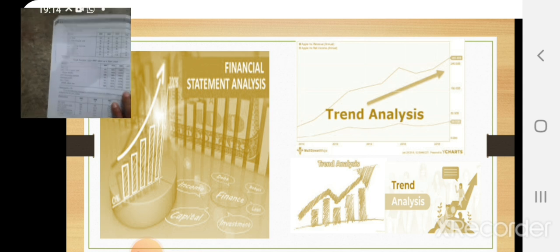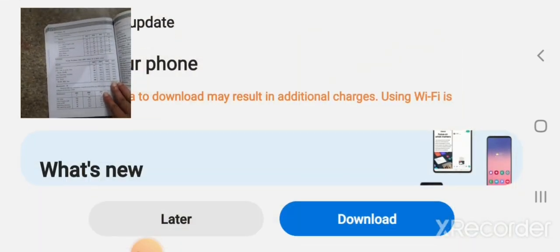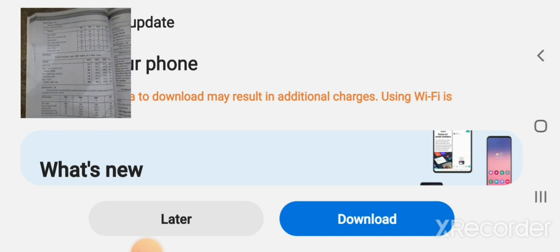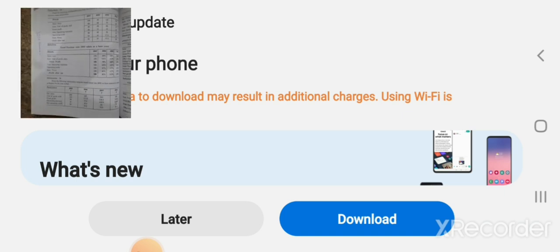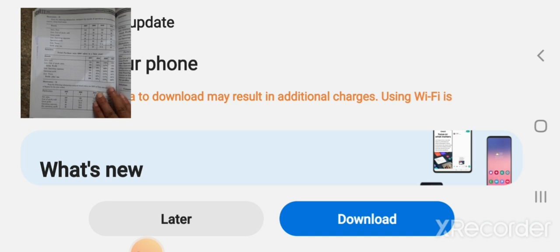There is another question where we can find out the trend analysis.